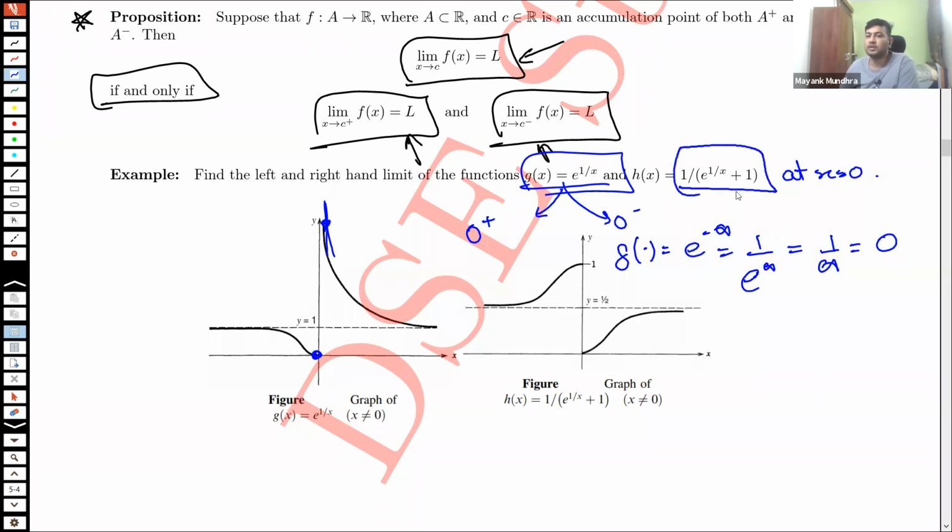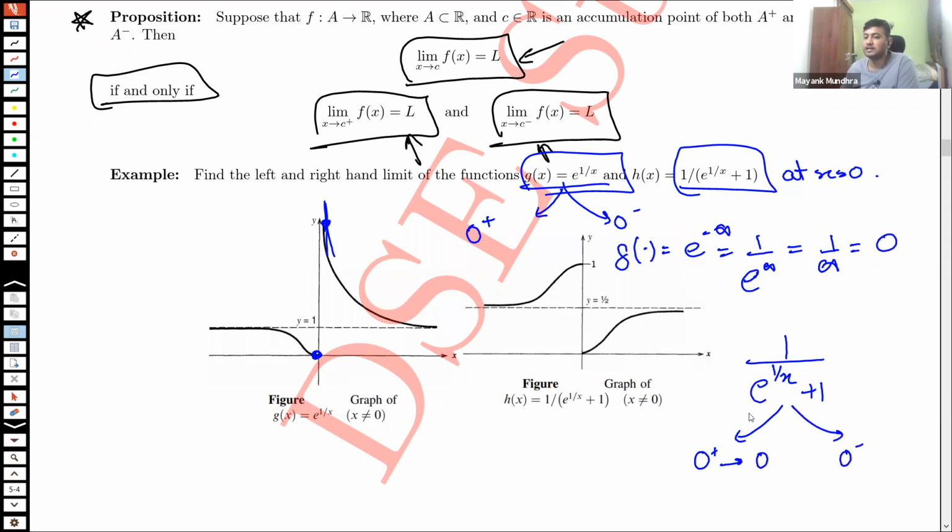Now, once you know that, you can find this one also, right? 1 by e to the power 1 by x plus 1. At 0 plus, e to the power 1 by x is infinity, so 1 by infinity plus 1 is 0.